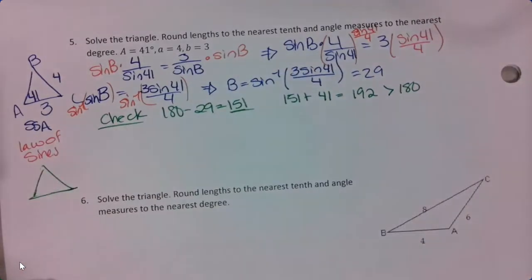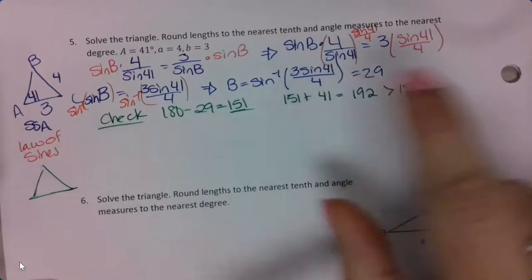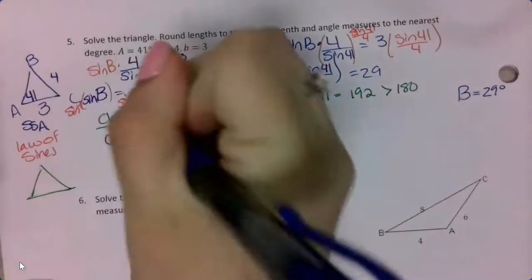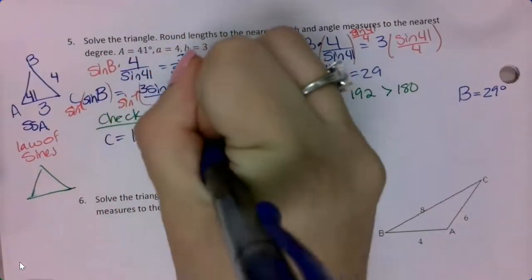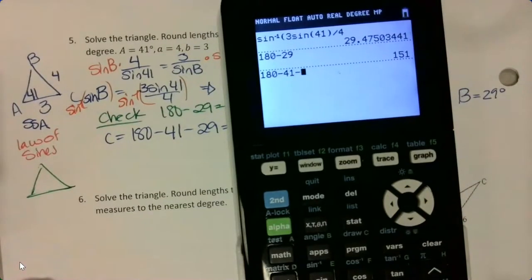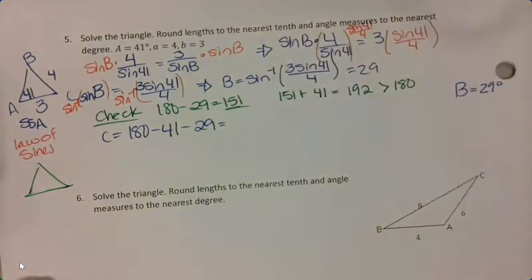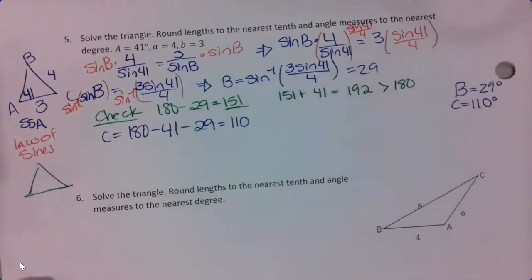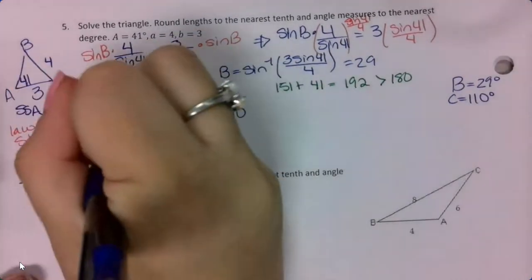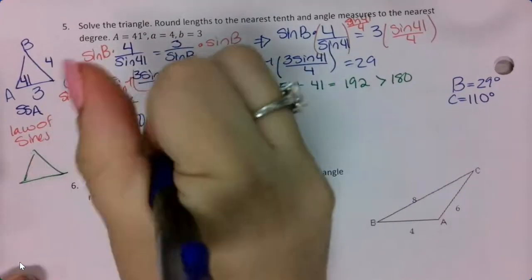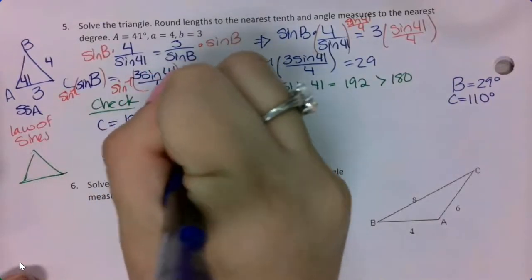So now that I have that, I need to go ahead and continue solving. So I know there's only one angle B. I can go ahead and find my angle C by taking 180 minus 41 minus 29, which gives me 110. And I need to go find my final side length for C. So I'm going to have 4 over sine of 41 equals C over sine of 110.